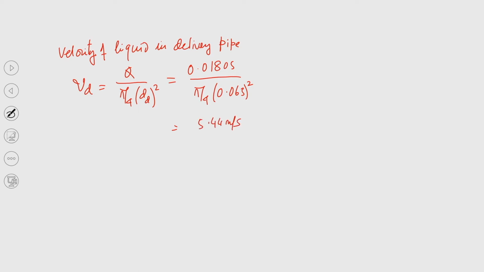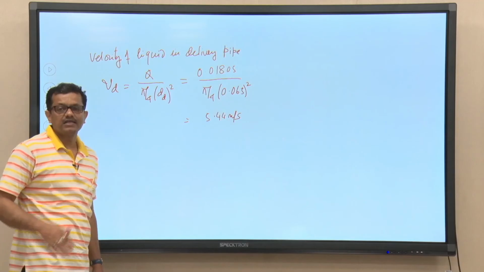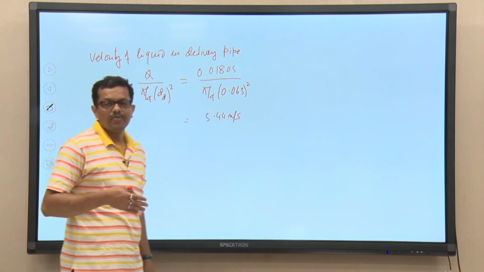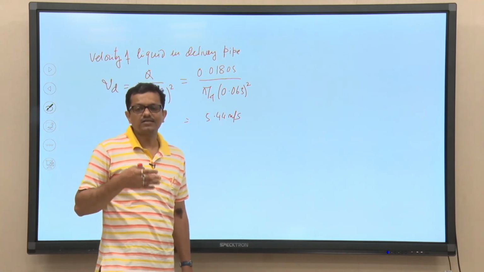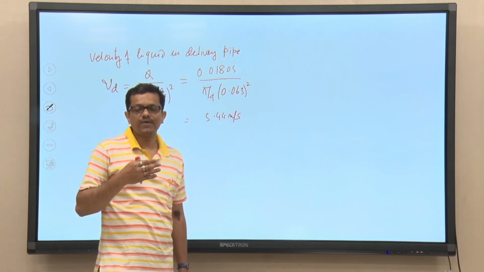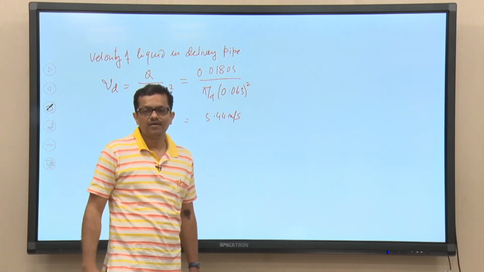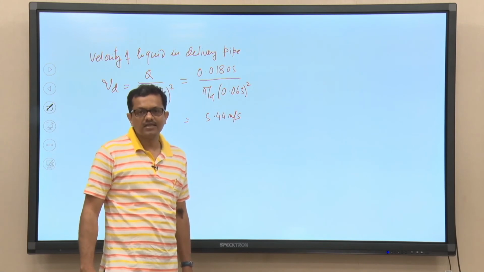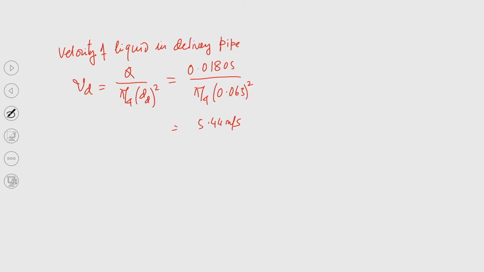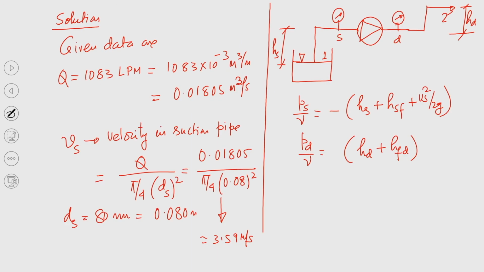From these two values, I would like to draw one conclusion. In the last class we discussed that, though it is not necessary, usually in practice the suction pipe diameter is one or two sizes higher than the delivery pipe diameter. If that is the case, then definitely the velocity will be less. In this example, the velocity in the pump delivery side is 5.44 meter per second, whereas the velocity in the pump suction line is 3.59 meter per second.